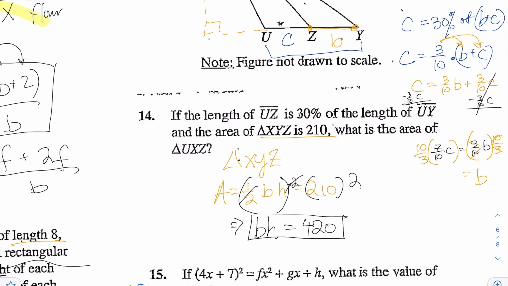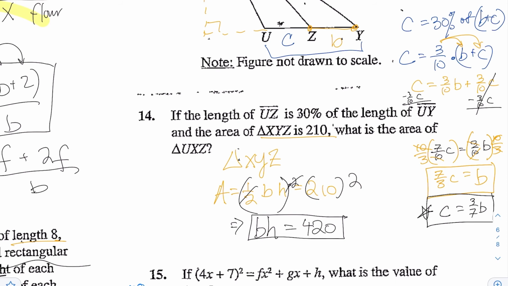So then on the right side, you just have b isolated, and that's going to be equal to 7/3 of c. Now that's going to allow us to actually solve for the area of triangle UXZ, because now we have the two equations here. So b is equal to 7/3 of c, and you can also write it the other way. c is equal to 3/7 of b. So both of these equations are equivalent.